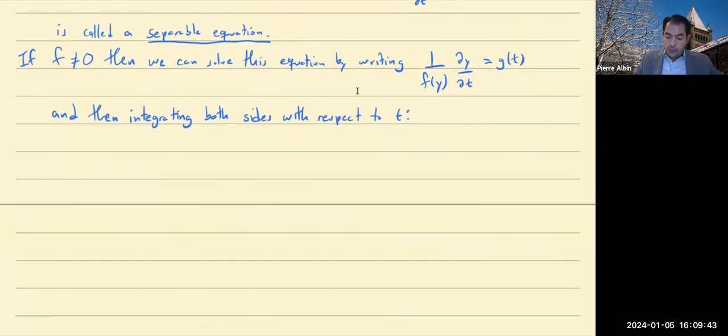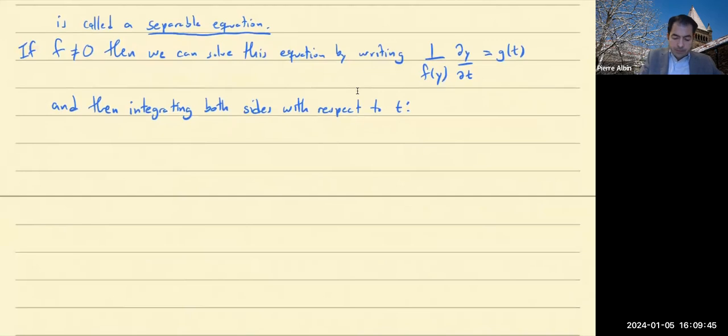So if I integrate on the left, I have 1 over f of y, and the derivative of y with respect to t, dt. And so now this is going to be equal to the integral of the right-hand side with respect to t.